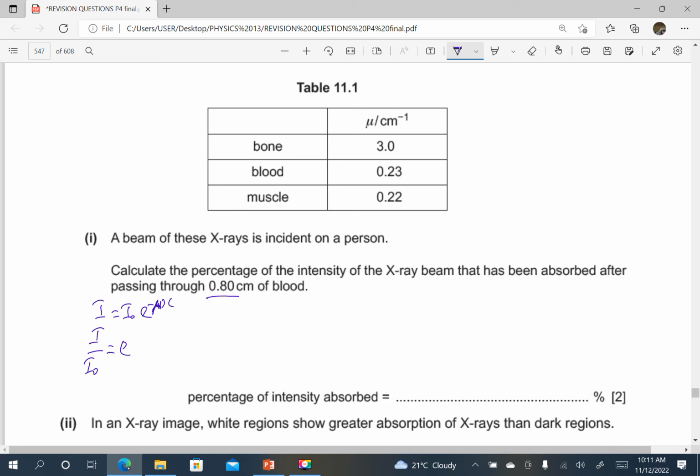So e power negative, that is blood, 0.23 times the thickness 0.80.